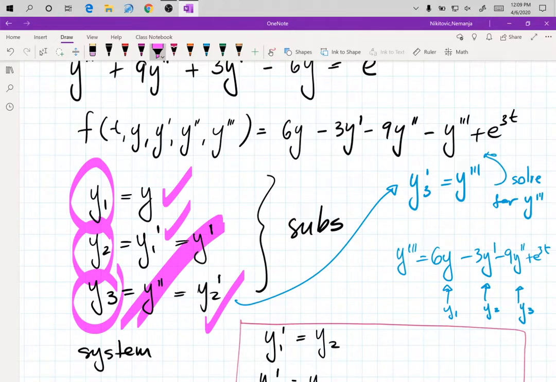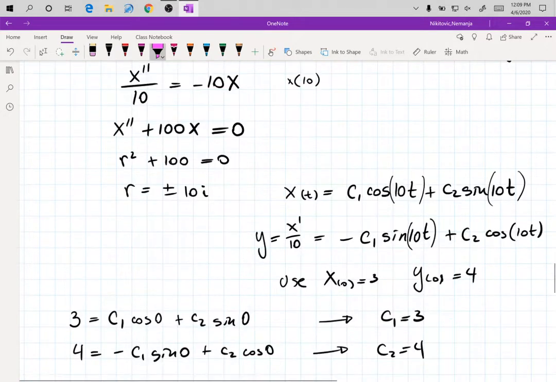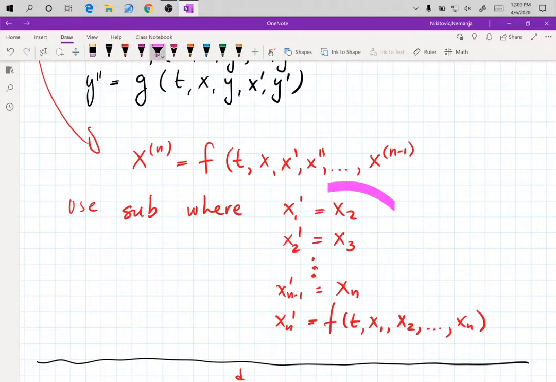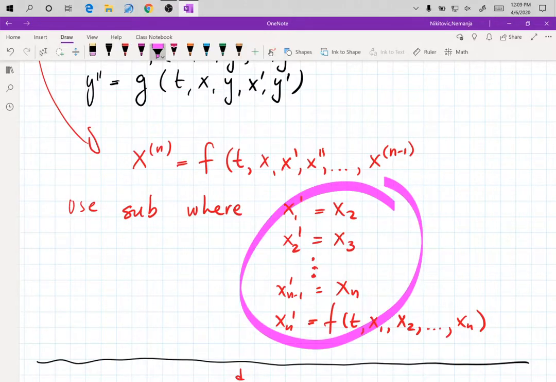What is y2 prime? What is y3 prime? Right? As you go, you are using the stuff in red. This is the key. This is what I'm using.